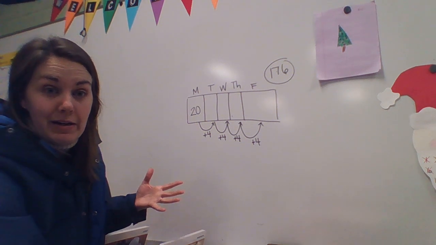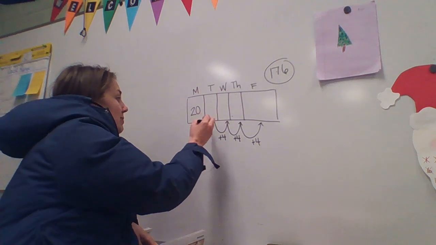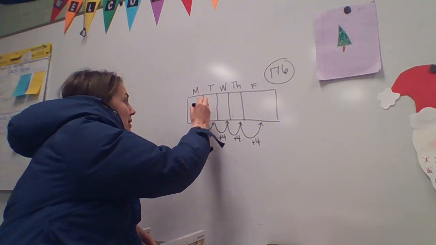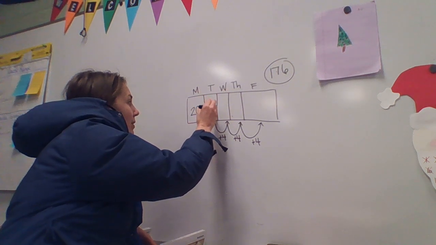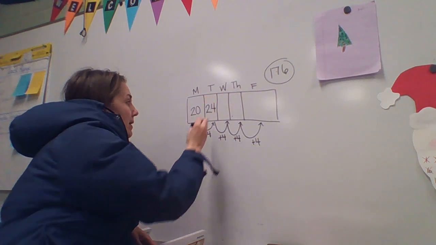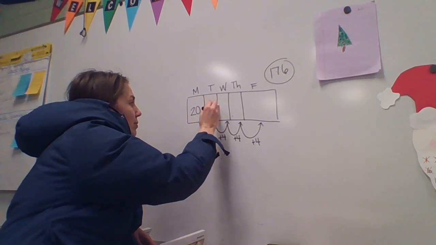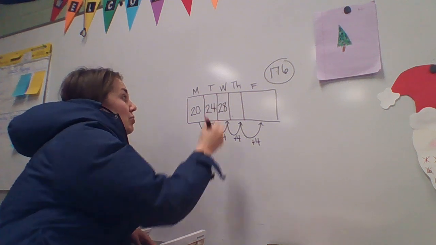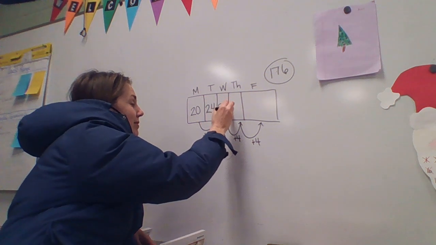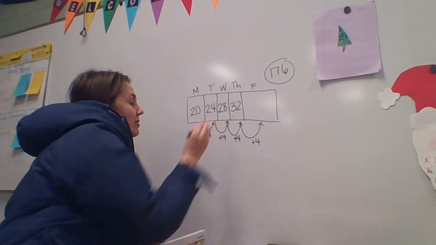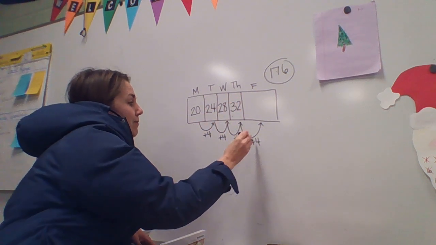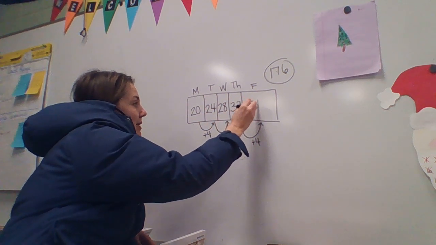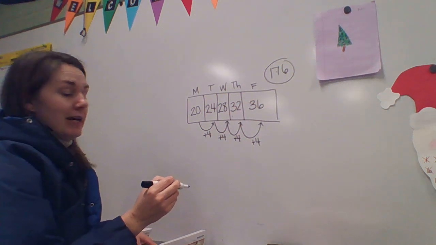So if we were to go ahead and fill in our chart, we would find that 20 plus 4 more laps, he swam 24 laps on Tuesday. 24 plus 4 more would be 28 laps on Wednesday. 28 plus 4 more would be 32 laps on Thursday. And then 4 more to that, he swam 36 laps on Friday.